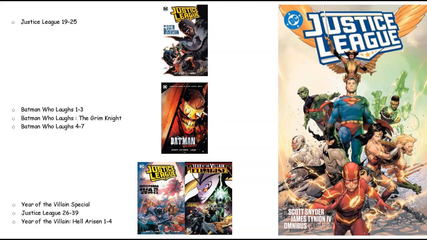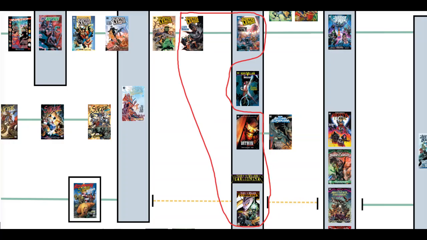If we move to the map, you can see here I've drawn a red line around the trade paperback collections that are all collected and mushed together in the omnibus, and as you can see, it's the Sixth Dimension, Justice Doom War, Batman Who Laughs, which is actually before the Justice Doom War when it's arranged in the omnibus, and then Hell Arisen. But those trade paperback collections, and all the issues within them, are collected and curated in the correct sequence in Omnibus Volume 2.